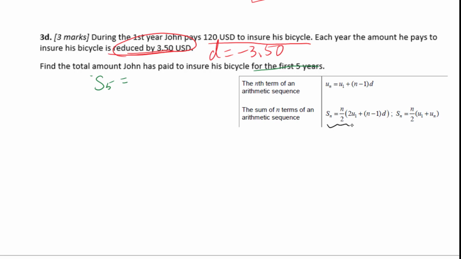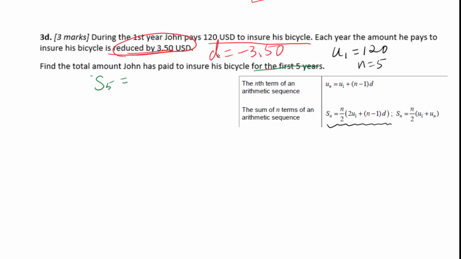We will use this formula to figure out S sub 5. We do know u sub 1 equals 120, n equals 5, d equals negative 3.50. So we have 5 over 2 times (2 times 120 plus 4 times negative 3.50).